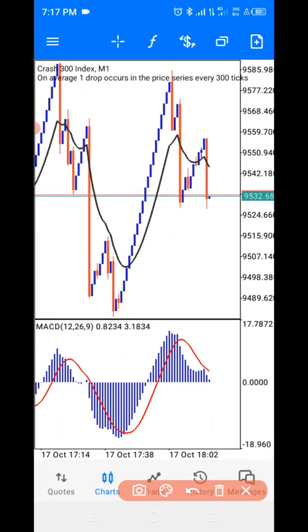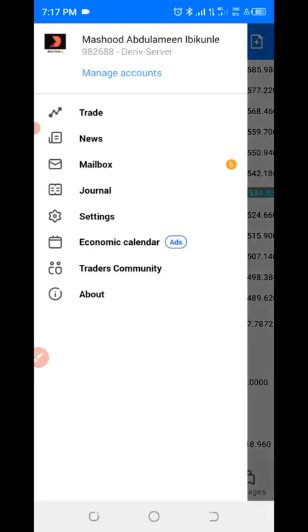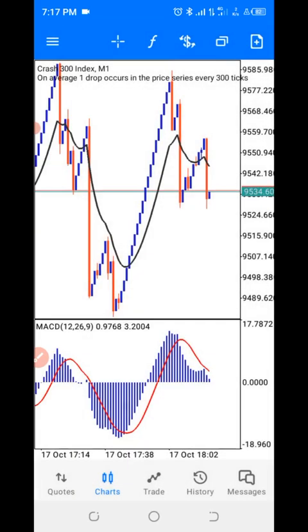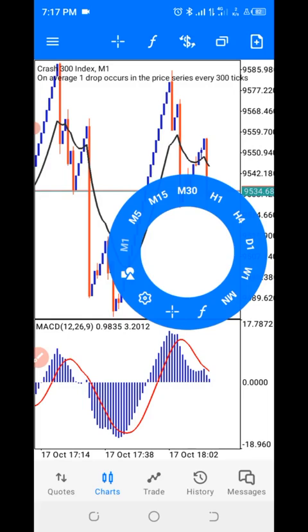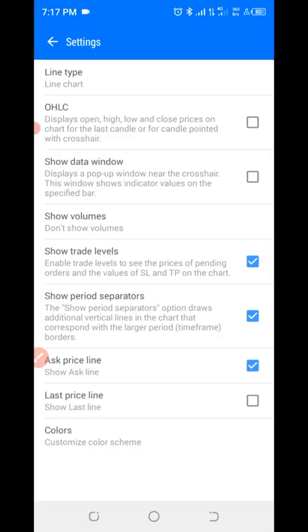Now if you are confused and you don't know what the W looks like, you can switch your chart to line chart.